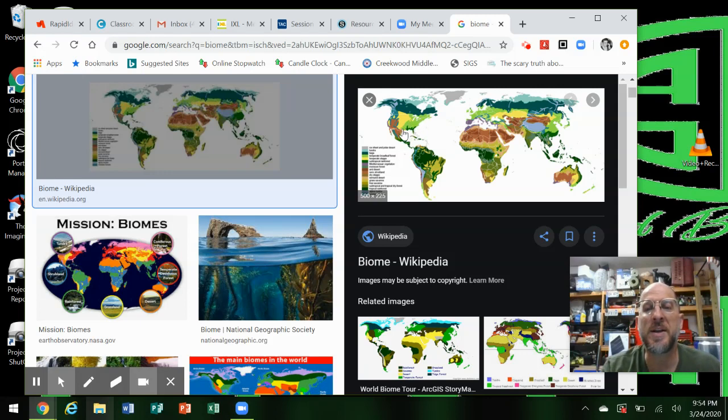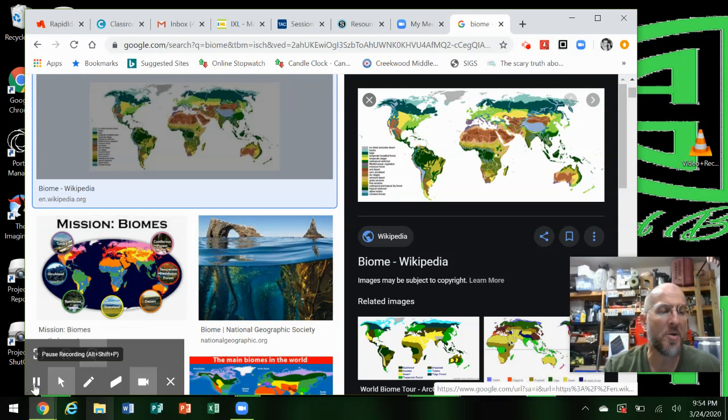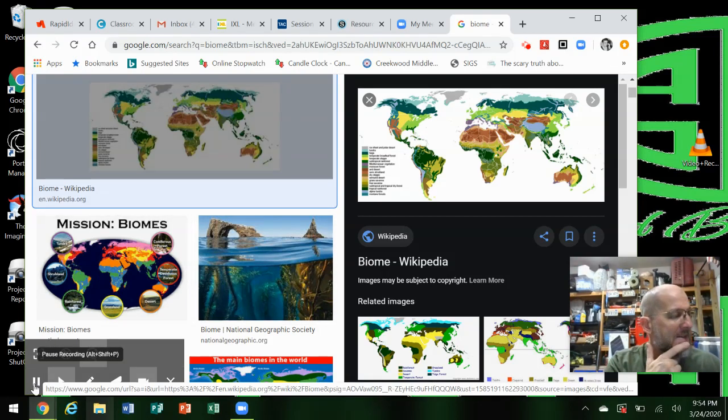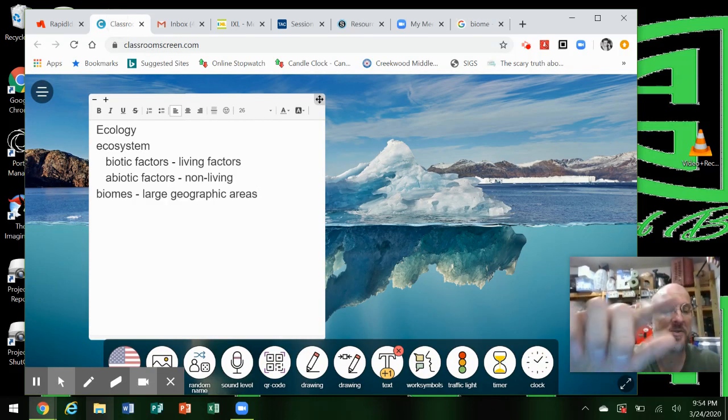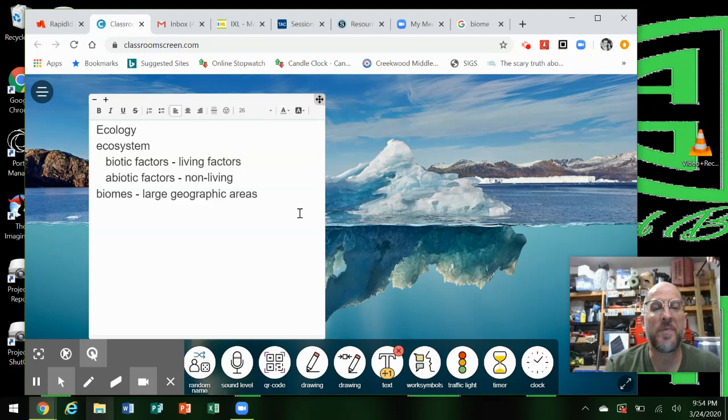You see Texas covers probably three or four different biomes that all sort of intersect there. So there's your meaning of the term biome. These are just some basic terms within the field of ecology that you need to learn fairly quickly. So let's put that on our list. Of course, it's there already. All right, wonderful.